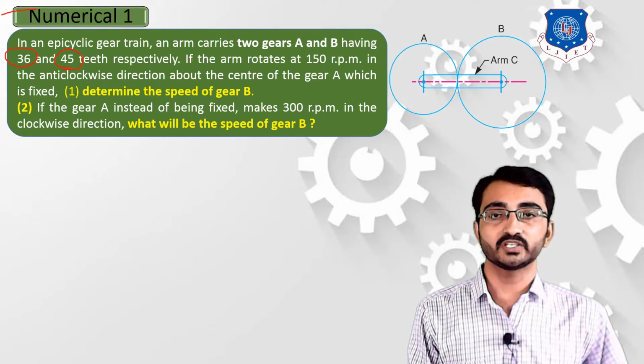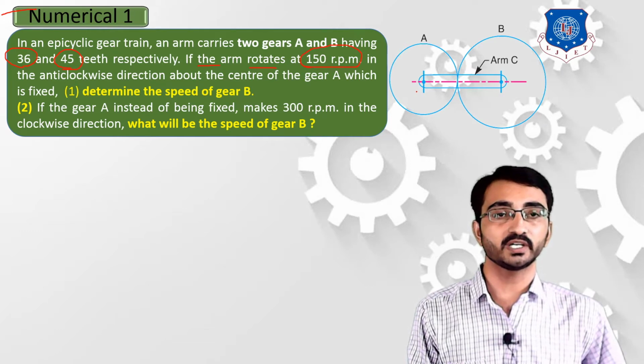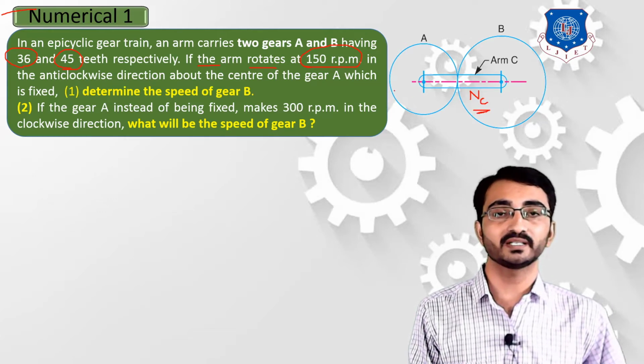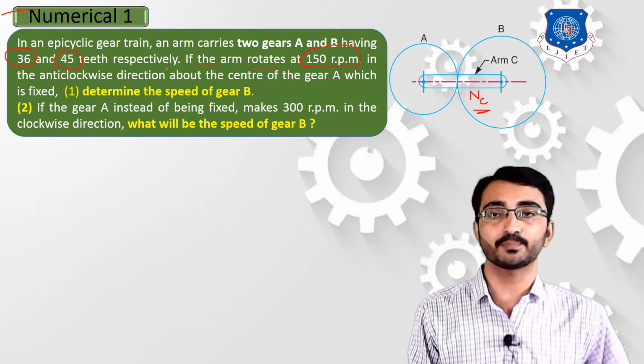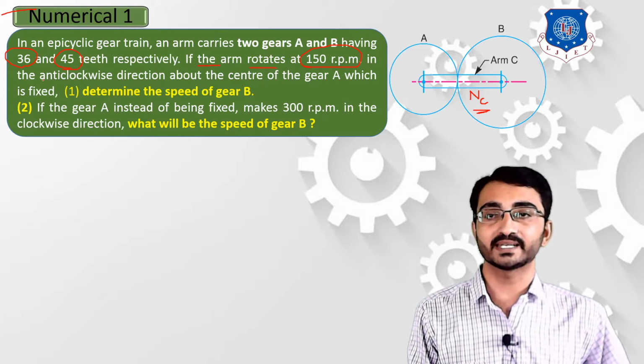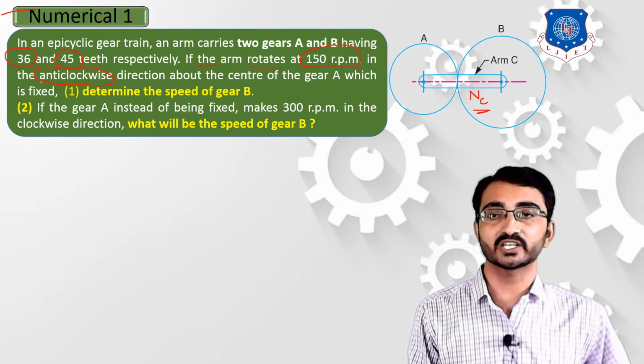The next condition they have given is that the arm rotates at 150 RPM. So the third condition is the rotation of arm, that is the speed of arm C, NC. NC is given as 150 RPM in anti-clockwise direction. Now remember this direction also.